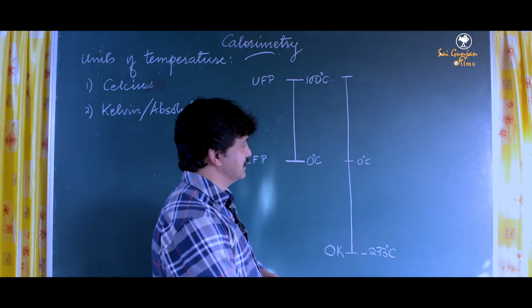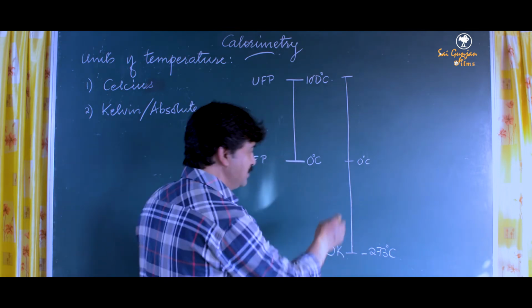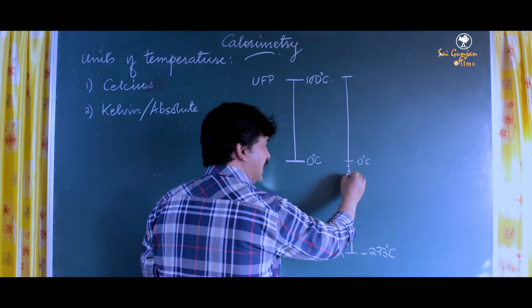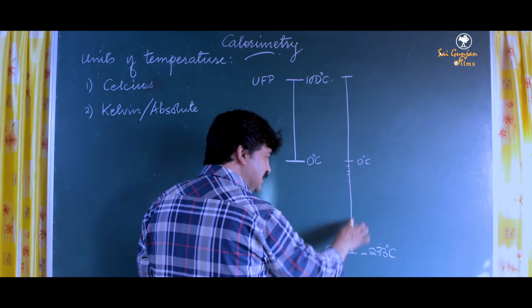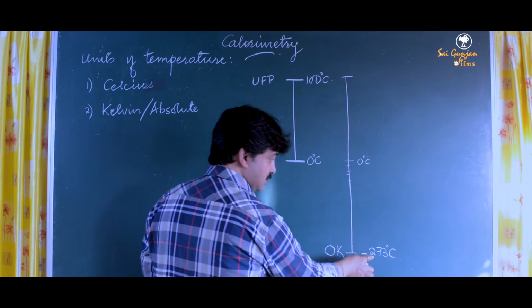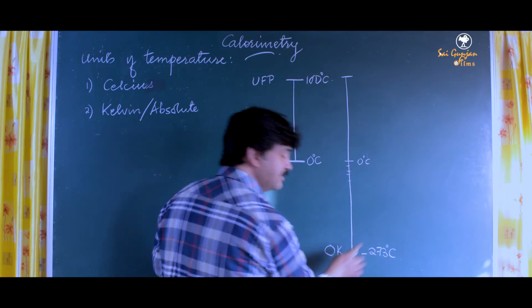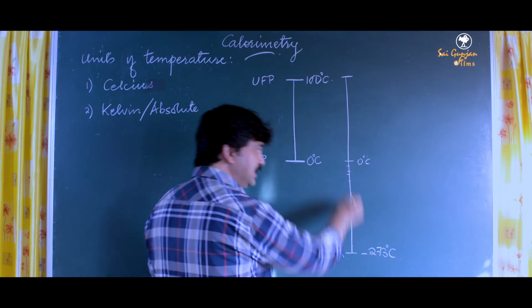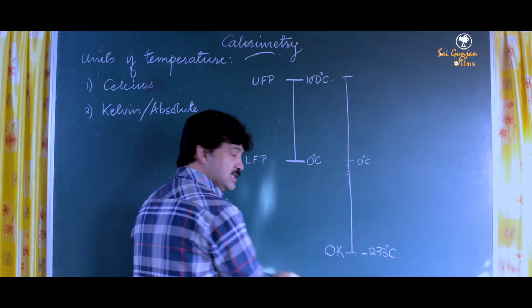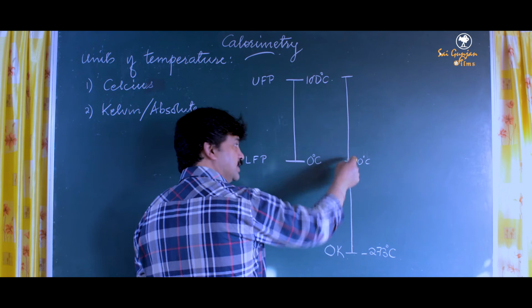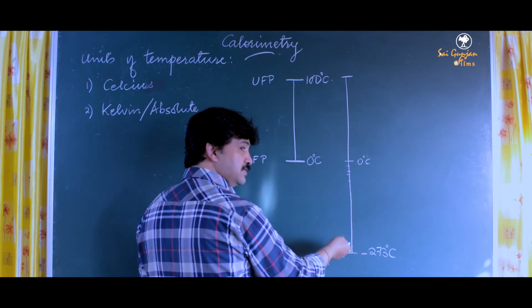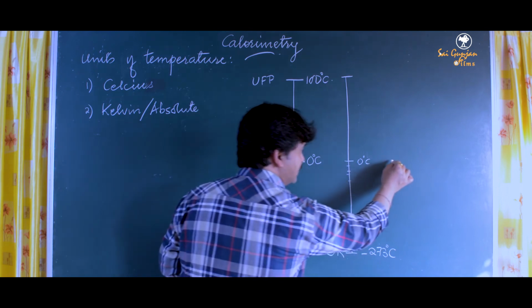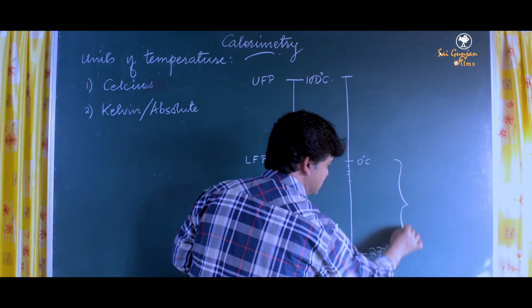The answer is very simple. How many divisions are there below 0 degree Celsius? Minus 273 means there are 273 divisions below, isn't it? So to come from here to here, you have to move how many divisions? 273.